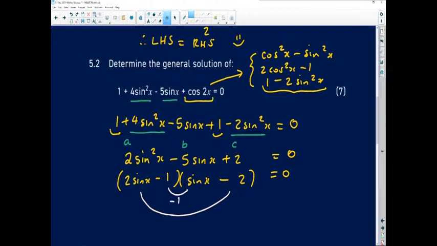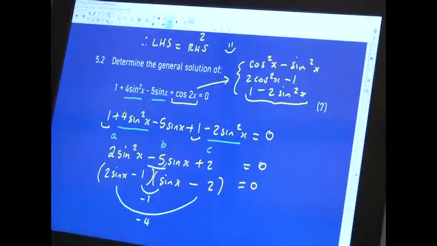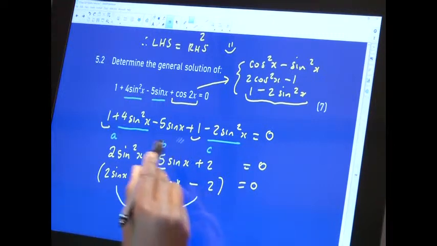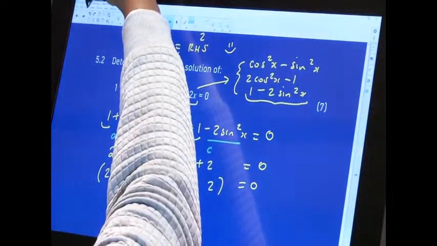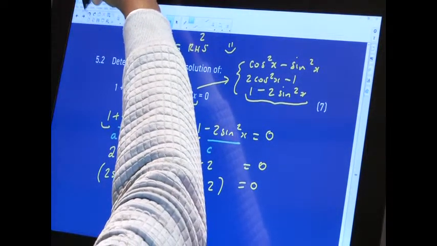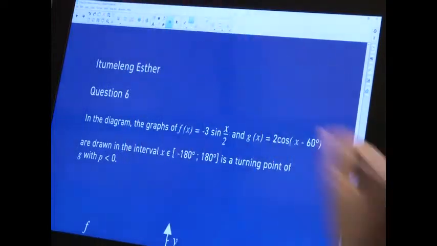The minus 1 we get here and the minus 4 we get there are going to give us the minus 5 sine of x, the value of that middle term. So that's the idea we have. This product and this product, when you combine them, they need to produce that middle term that we have over there.